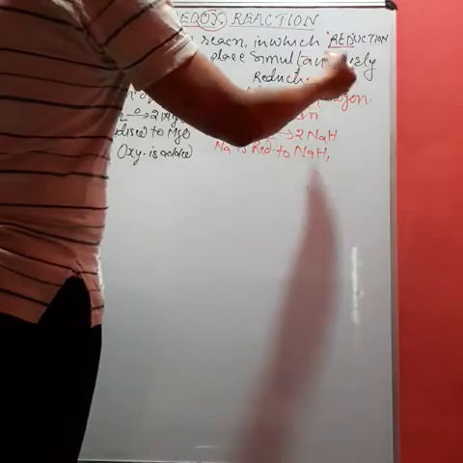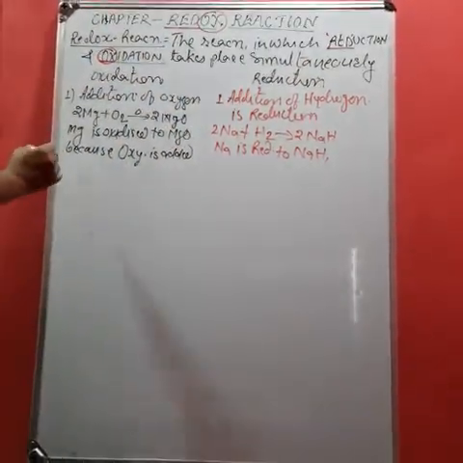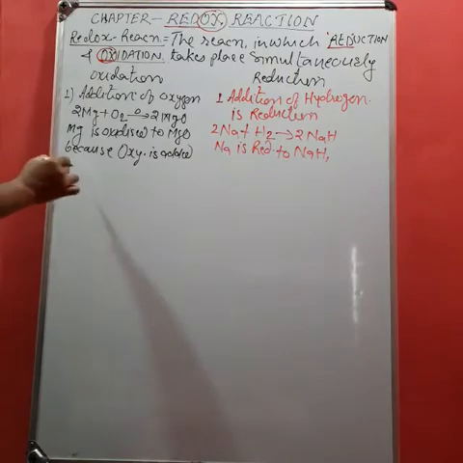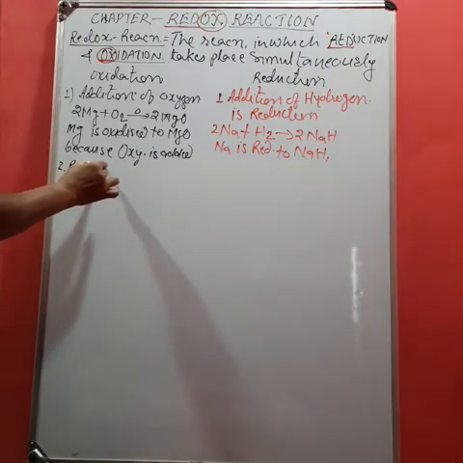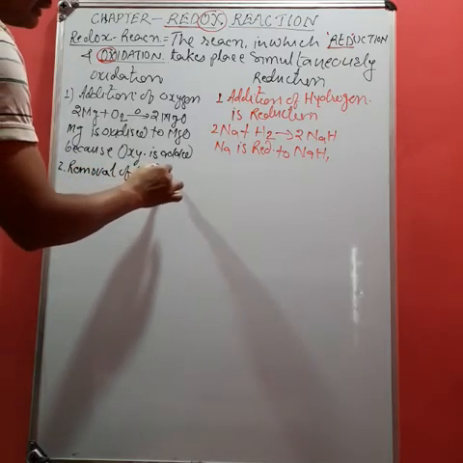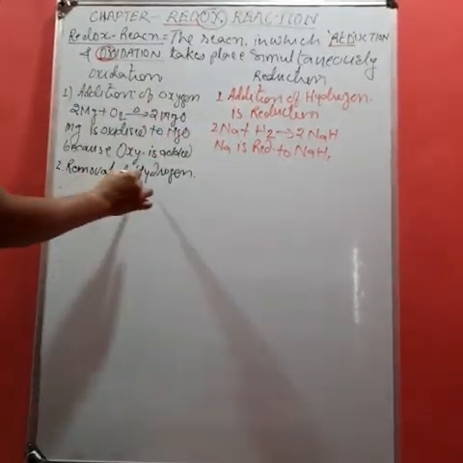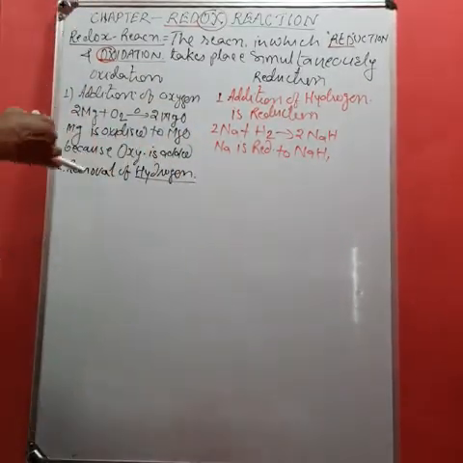So the addition of hydrogen is known as reduction. Okay, one more definition we can pick here: removal of hydrogen. Now what we are seeing here? Addition of oxygen, or it becomes removal of hydrogen.